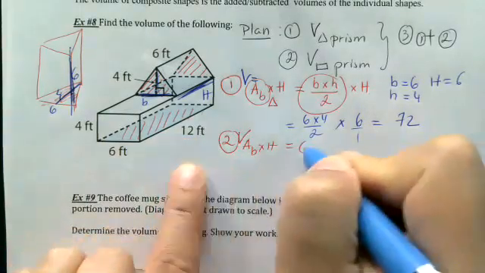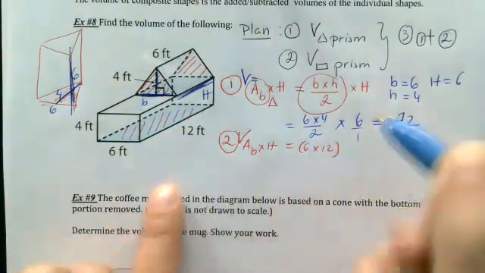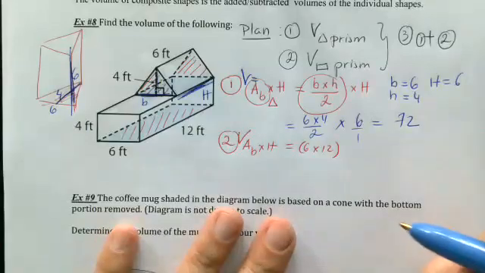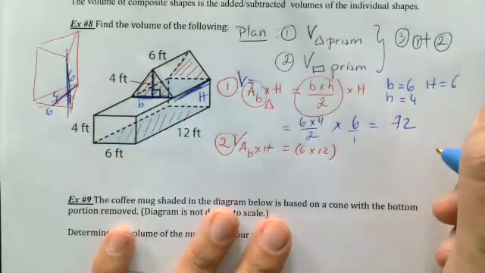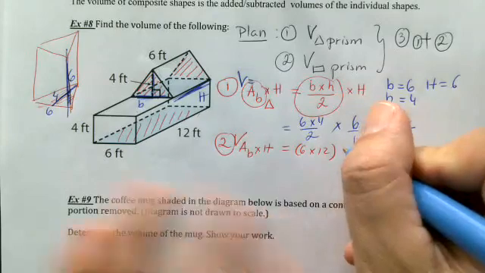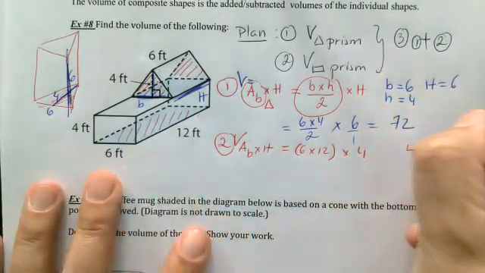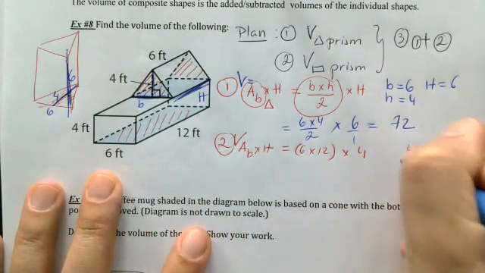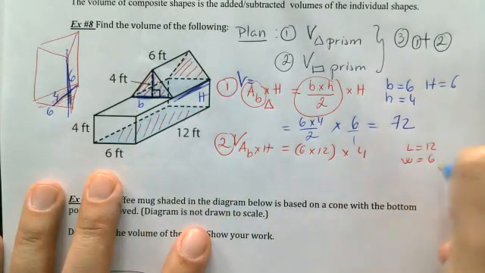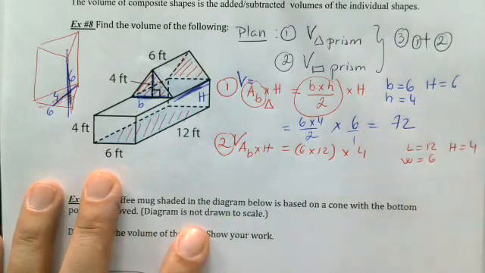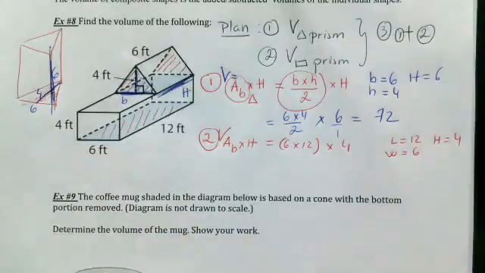So area of the base is 6 times 12. What's going to be the height of the box? 4, that's right. So we need length is 12, width is 6, and height is 4, if you want to list them so you have them for later reference.